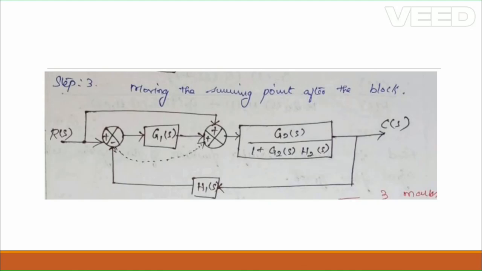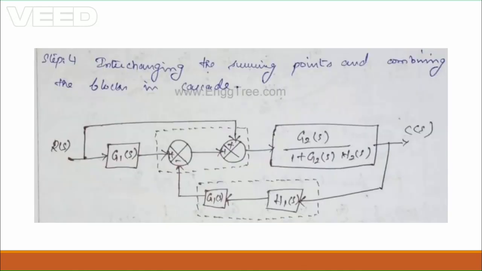If you noticed deeply in this slide, I shift the summing point after the block. If we shift the summing point after the block, we need to include G1 next to H1 so that it won't affect our overall system. I include G1, so G1 and H1 are in series connection.